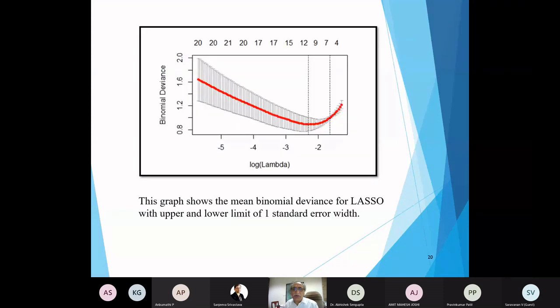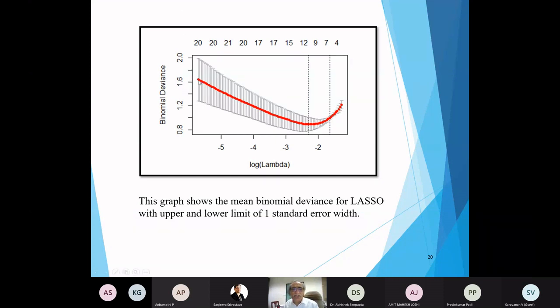Now look at this, what we have. Various values of log lambda are tried, not lambda. Lambda is positive, so log lambda is defined, and log lambda could be negative. For each log lambda value, the corresponding parameters, the betas, are estimated, and then the value of the binomial deviance is found.